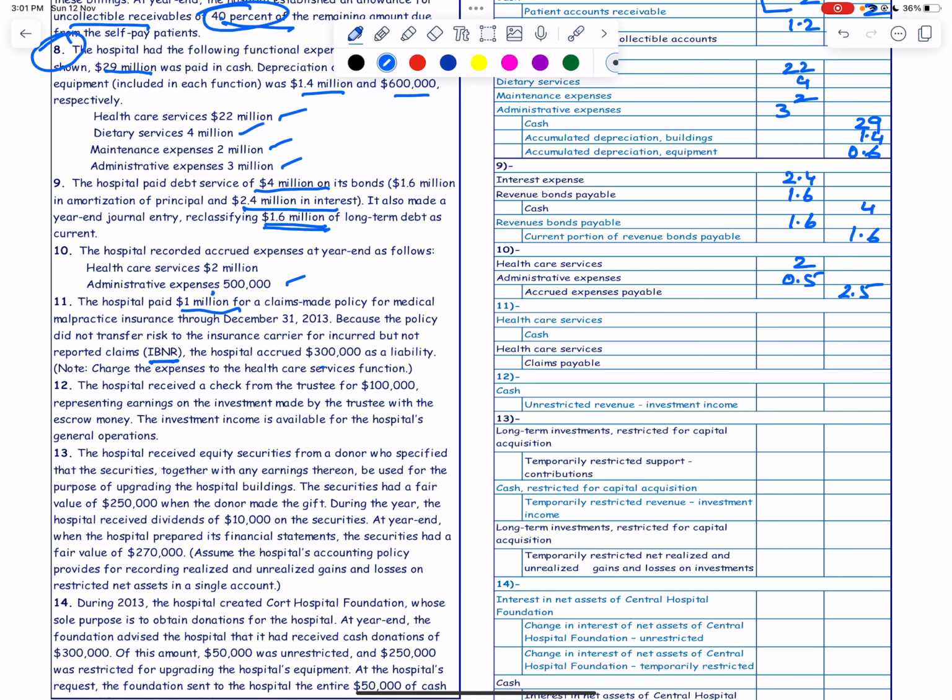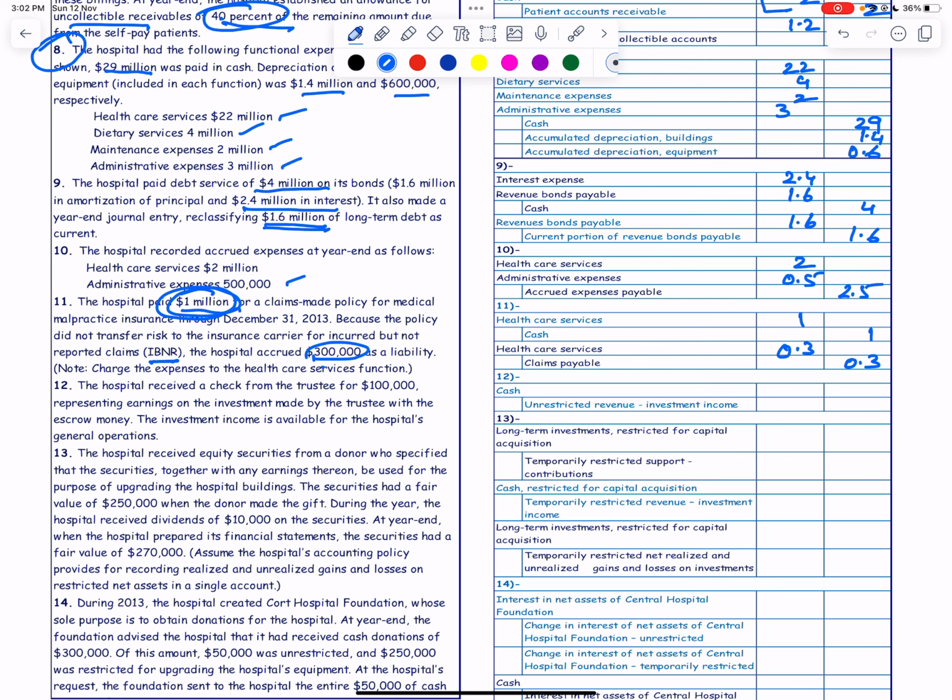So healthcare is debited for 1 million and cash is credited by 1 million. Then we are going to have a payable of 300,000. So healthcare services are debited by 300,000 and we haven't paid. This is payable. So claims payable is credited by 300,000.